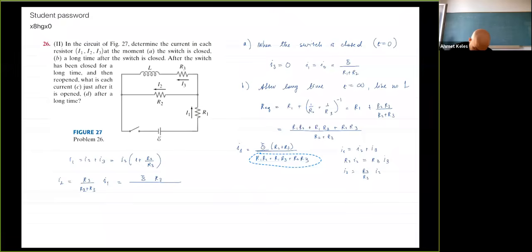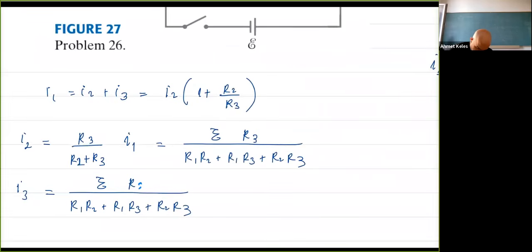Copy, paste. And similarly, if you do it for I3, I can kind of see the pattern. So it's going to be equal to copy, something like that. I copied exactly the same thing, but this one should be R2.